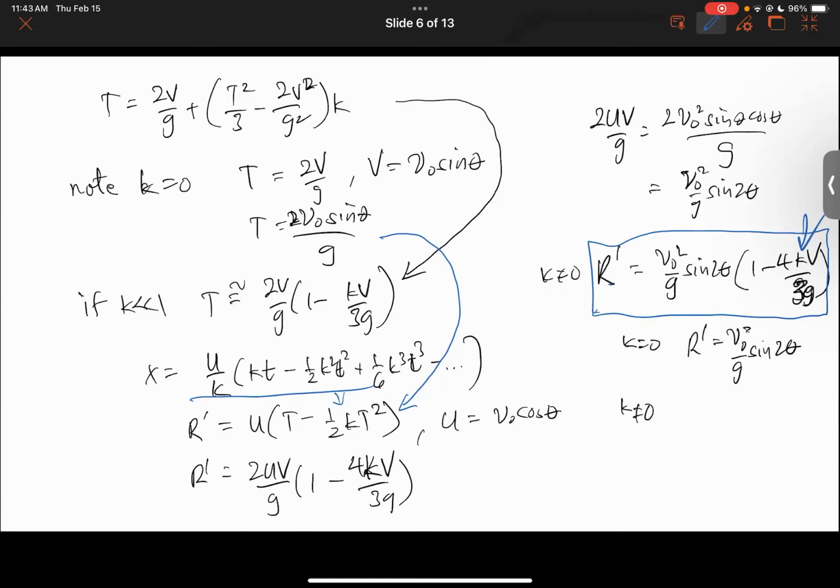So if we plot the range for different values of k, we see that its shape is linear. Remember also that our condition here is kv over g less than 1, or k less than g over v. If you want it to be really small, you can say that k is very much less than g over v. So we have to select v, specifically v naught and theta, in such a way that this condition is satisfied.